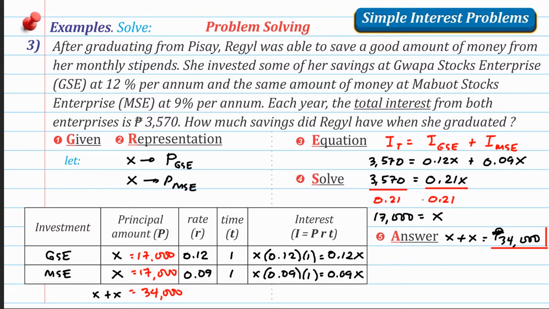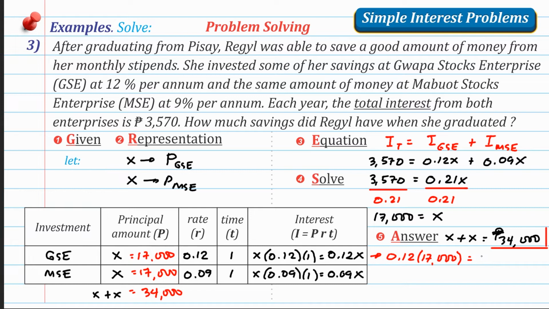Now, however, meron pa tayong kailangang gawin. Let's check. Tama ba yung sagot natin? Now, to be able to do that, let's compute. Tama ba na ang kinita niya is 3,570 for both? Now, doing that, substitute 0.12 times 17,000. Magkano ang kinita niya for GSE for 1 year?